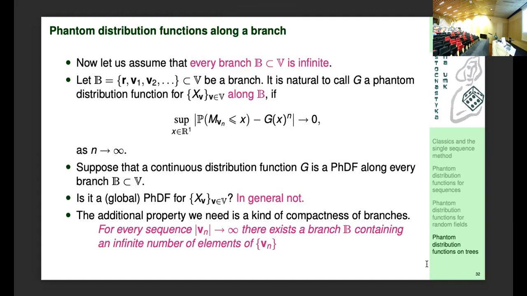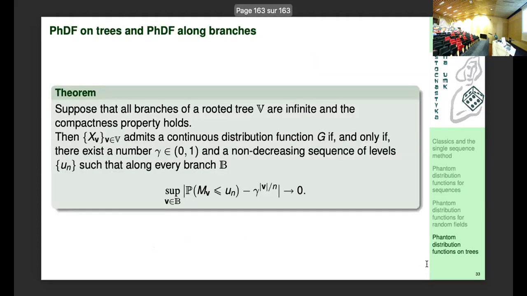So under this assumption, it is easy to construct trees without this property. For such trees, under the assumption of the compactness property, we can compute the phantom distribution function, provided we can find it along every branch.